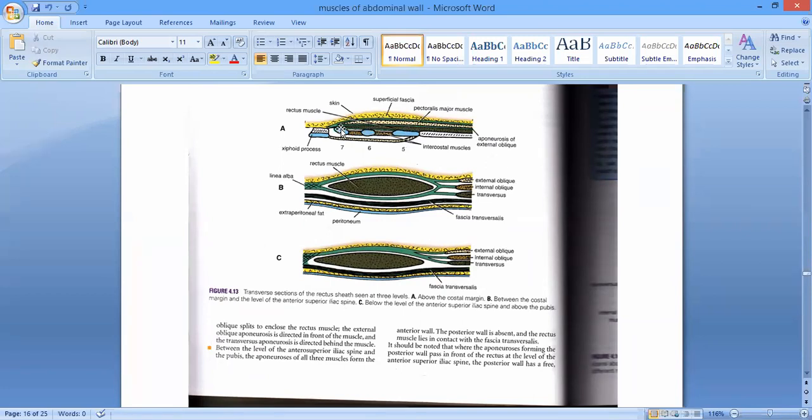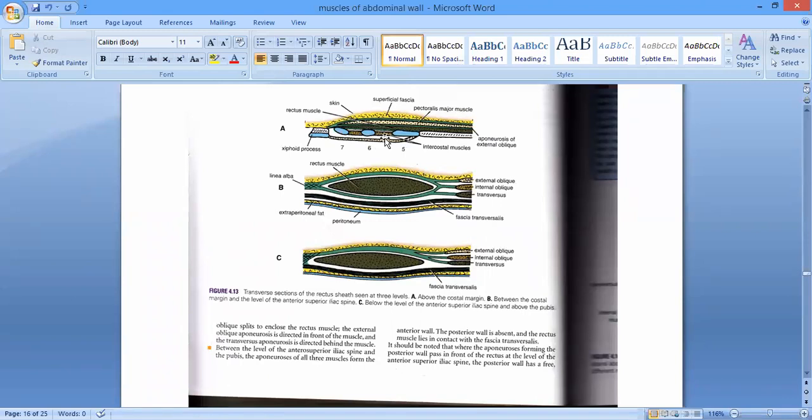So above the costal margin, its anterior wall is formed by the aponeurosis of the external oblique muscle. And the posterior wall is contributed by the costal cartilages of the 5th, 6th, and 7th ribs, and the intercostal spaces in between. Is it clear?